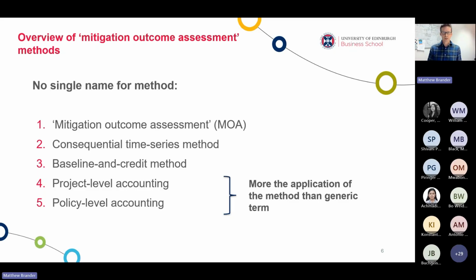So quite often it's referred to as project level carbon or greenhouse gas accounting, or policy level carbon accounting, although the structure of the method is identical across those two applications. It's just the same method applied to a different scale of intervention. So anyway, there isn't really a single established name for this method.